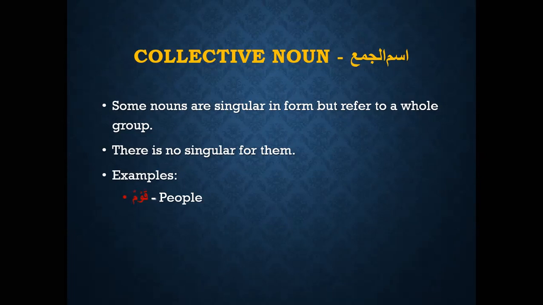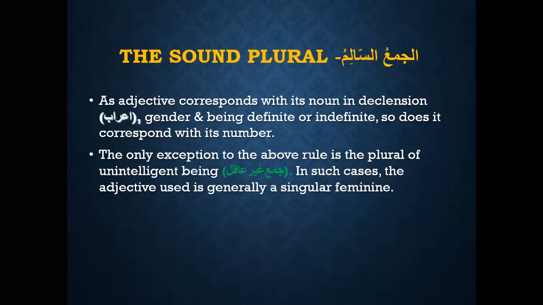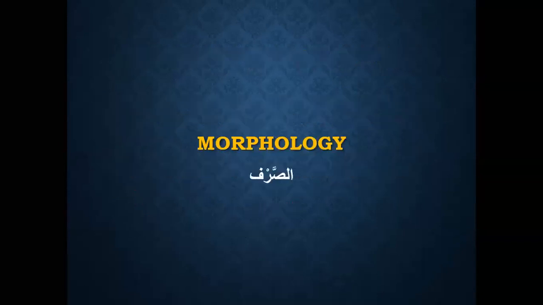There are many men and women in it, yet the word is singular and has no singular form. This is why we call it a collective noun, ismul jama. Rahtun is likewise a group of people. We'll leave that, it's just an extra point.